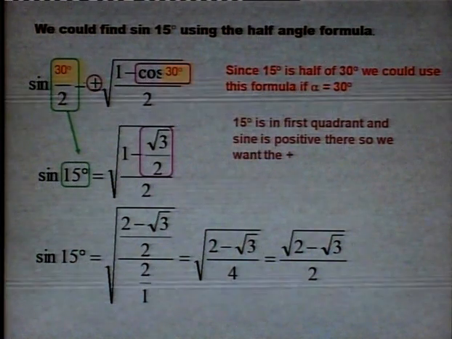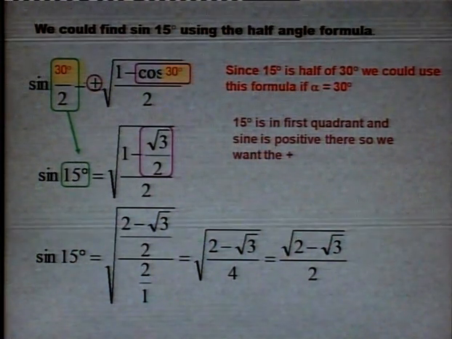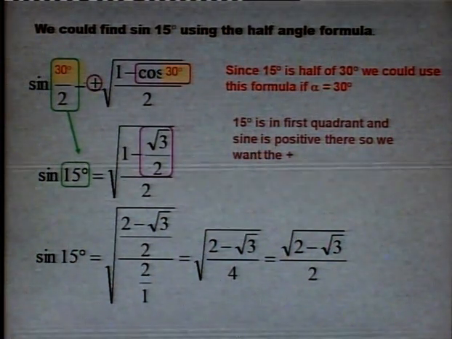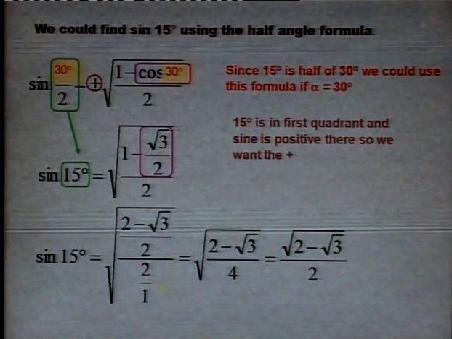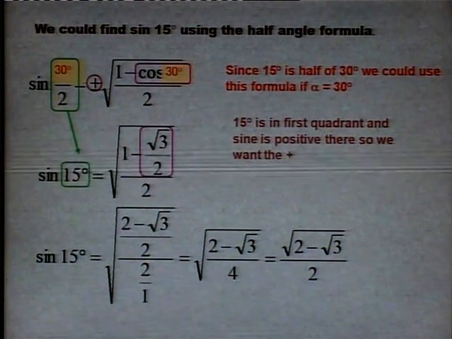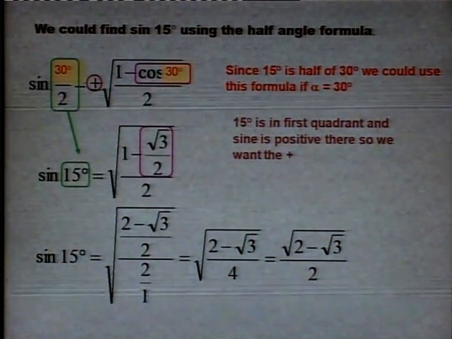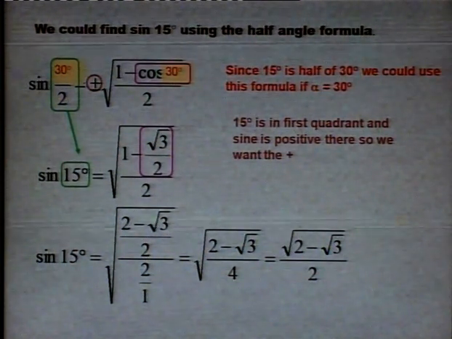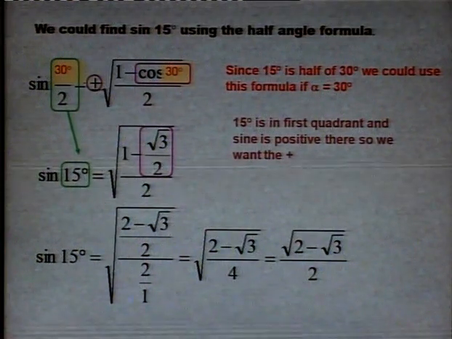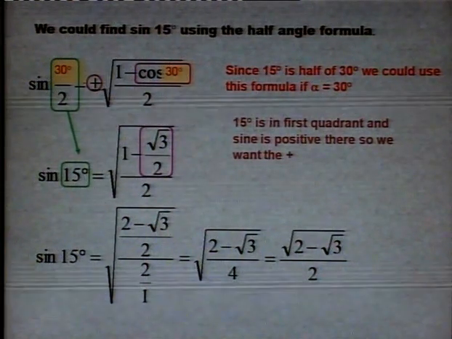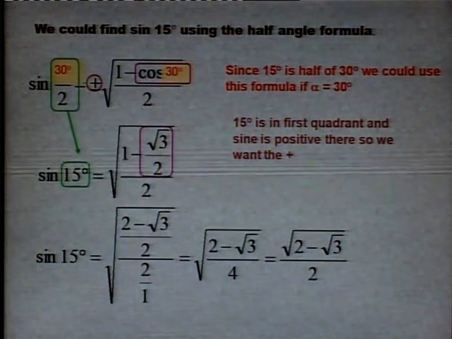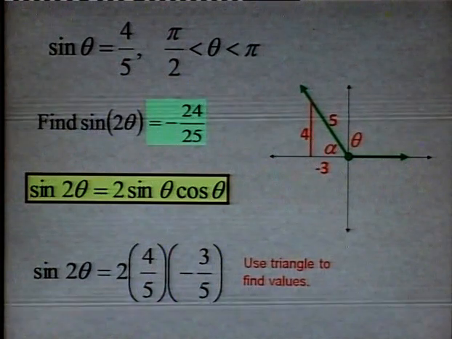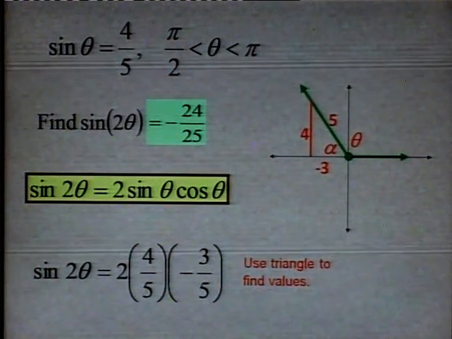So sin 15 degree is square root of 1 minus cos 30 upon 2, that is 1 minus square root 3 by 2, upon 2, and that you can write as square root of 2 minus square root 3 upon 4, but square root of 4 is 2, and that is square root of 2 minus square root 3 divided by 2, and if you compare the two results you will get the same thing.